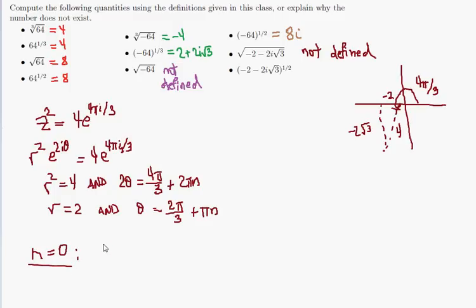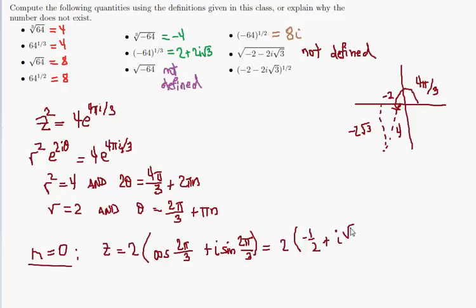So that gives me z is equal to 2 times the cosine of 2 pi over 3 plus i sine 2 pi over 3, which is 2 times negative 1/2 plus i square root of 3 over 2, which is negative 1 plus i square root of 3.